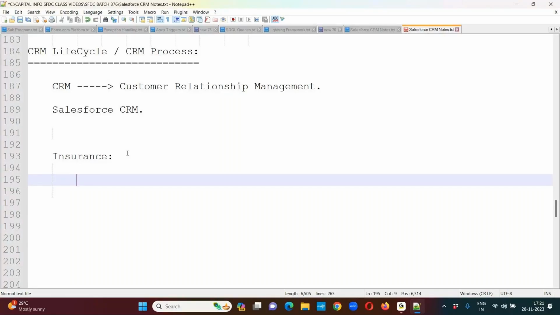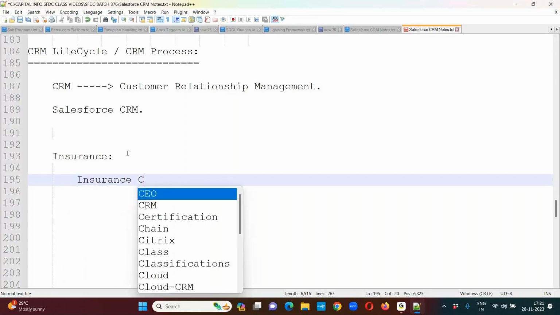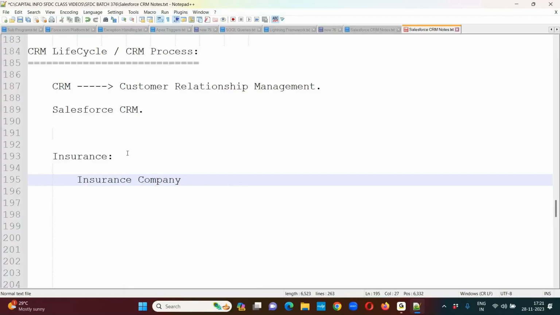Whenever we take an insurance policy from a company, we reference that company as an insurance company. That means the organization from which we took the insurance will be called an insurance company. It's a general terminology here.